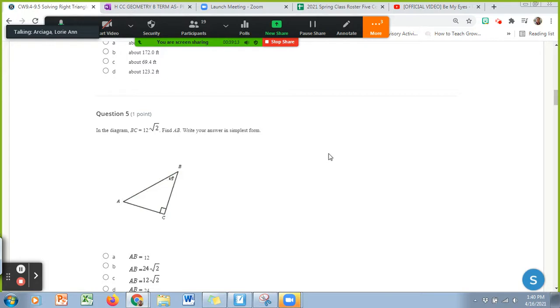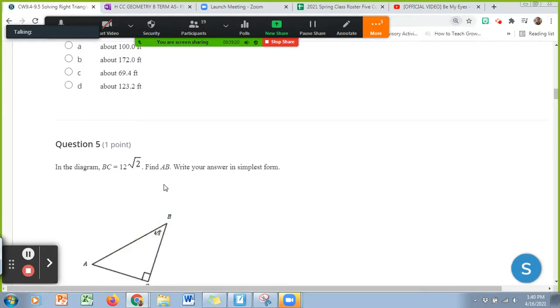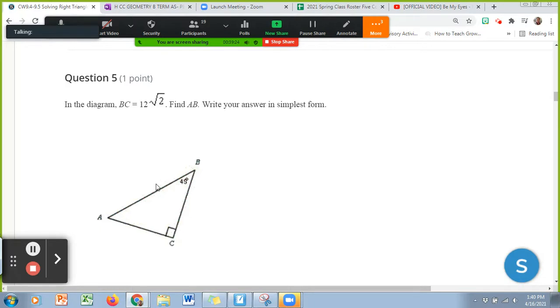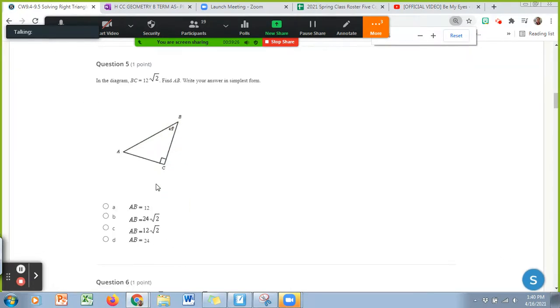Find AB. Okay, so if it has, that's 48, right? 48 or 45? 45. Okay. All right. So for number 5, it's an isosceles right triangle. It has a 45 degree angle.